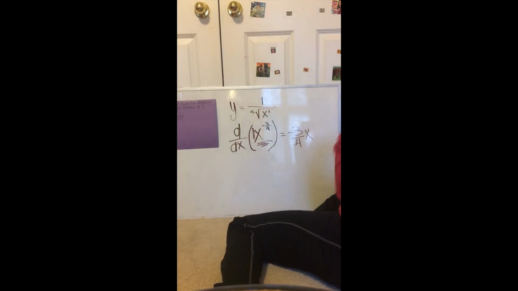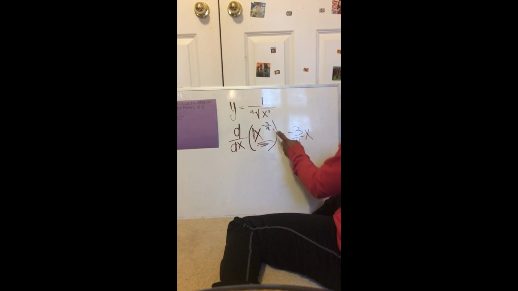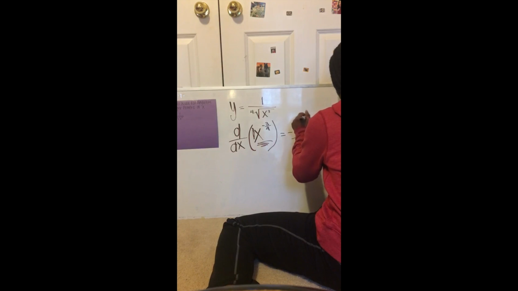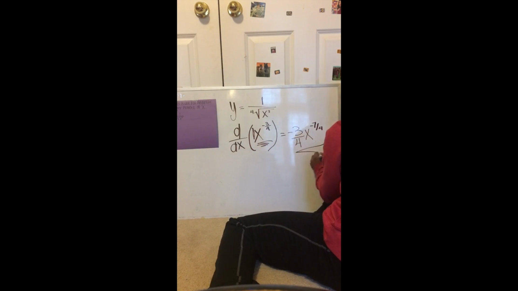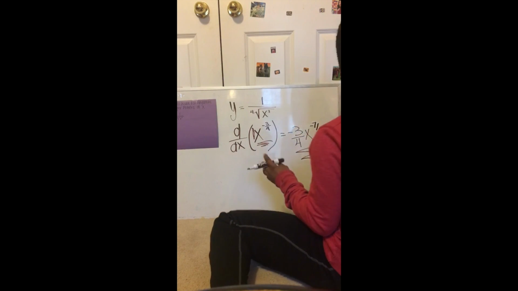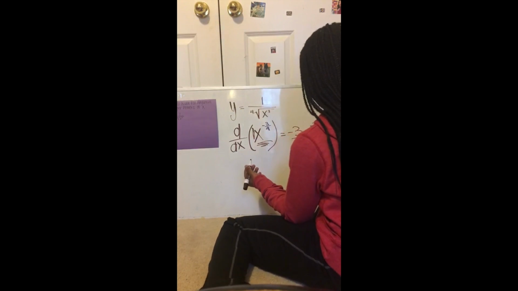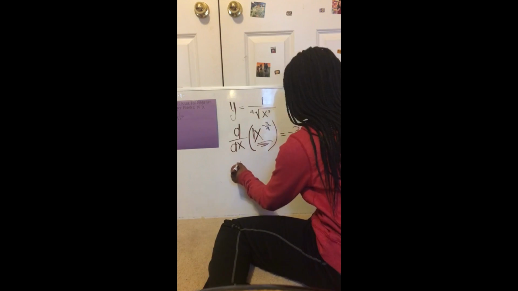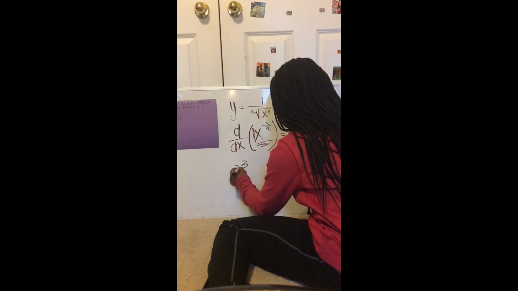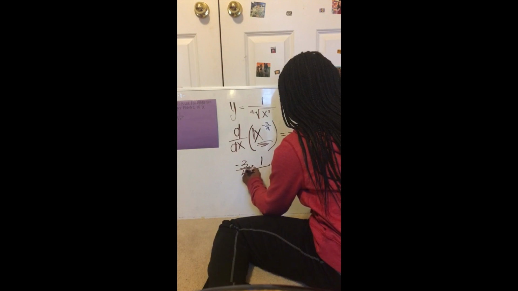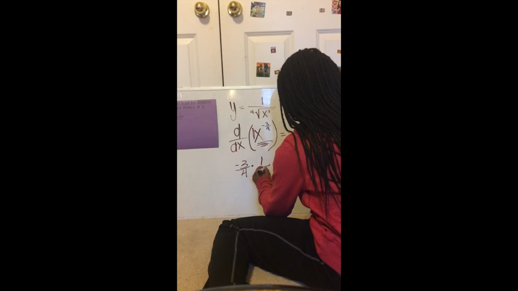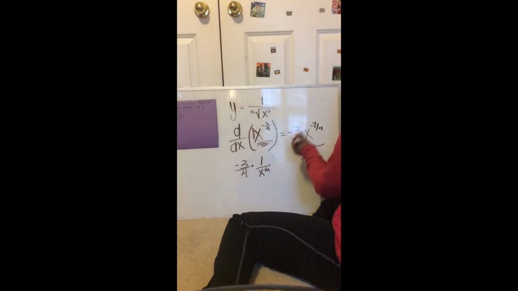So we would get negative 3/4 x. And the rule says that whenever you have an exponent, you subtract 1 from it to find the derivative. So when you subtract 1, you get negative 7 over 4. So this would technically be your answer, but if you want to make it prettier, you could multiply negative 3/4 by 1 over x to the 7/4, which is the same thing as x to the negative 7/4.